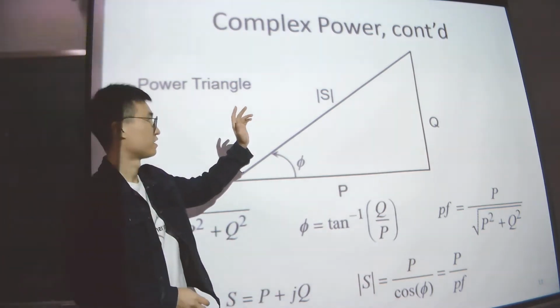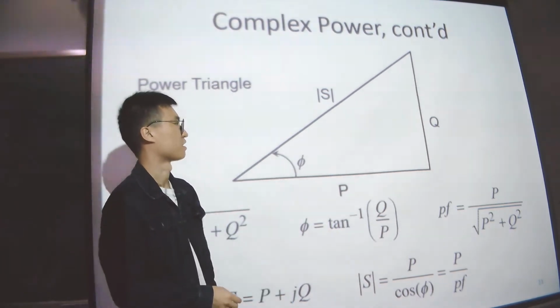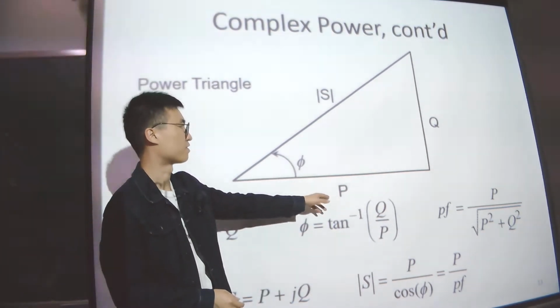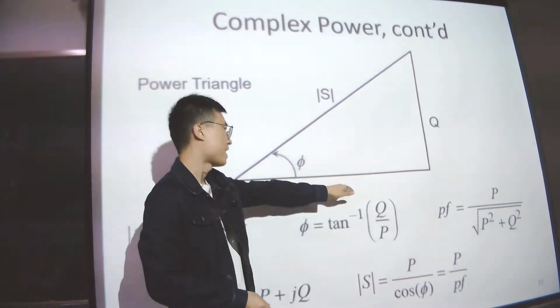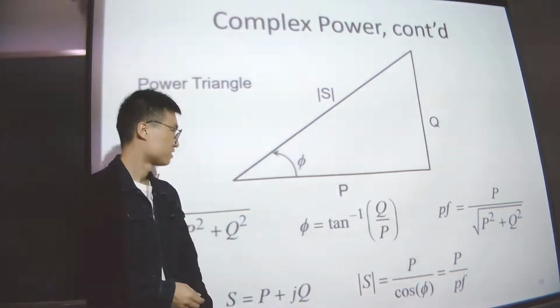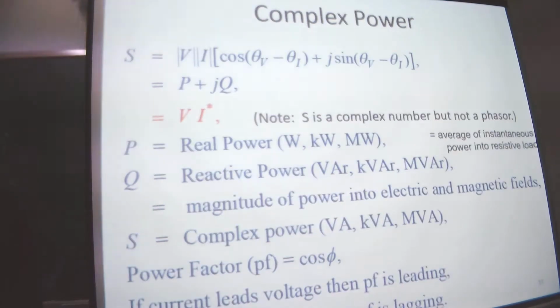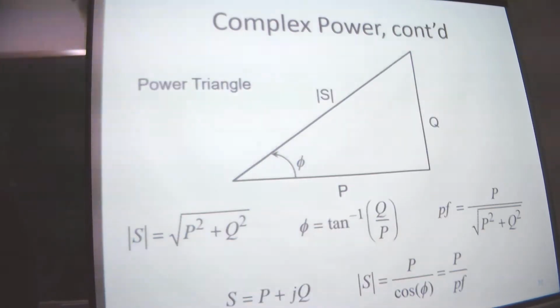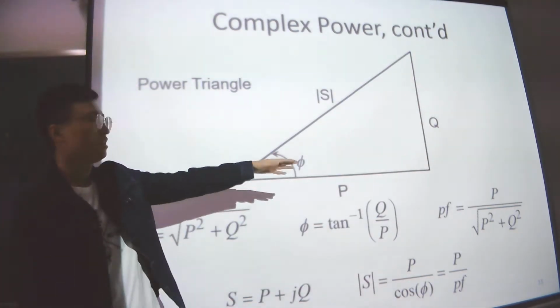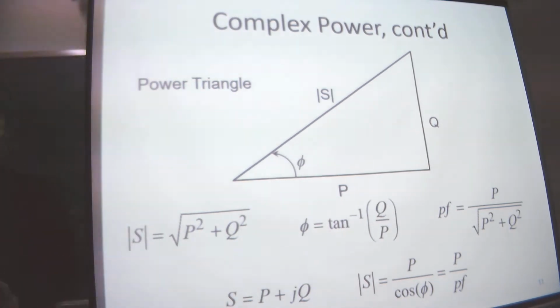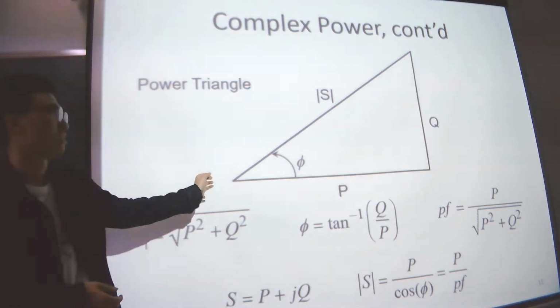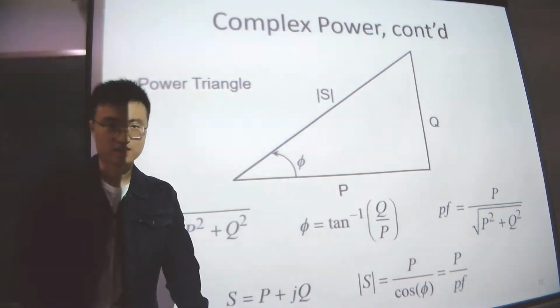So this is a triangle, a very good triangle. The complex power, the active power, the reactive power. In some questions, you can even solve the questions using the geometry method, right?